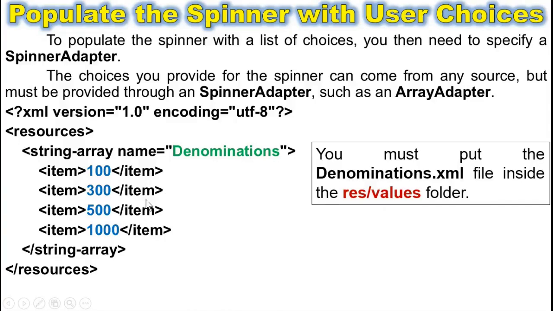And then save this file inside the res values folder. Here in this example, I saved this XML definition of the values to contain within the spinner as denominations.xml.